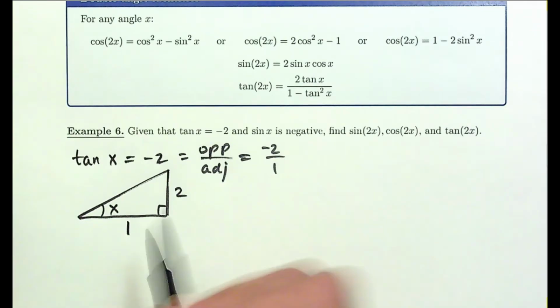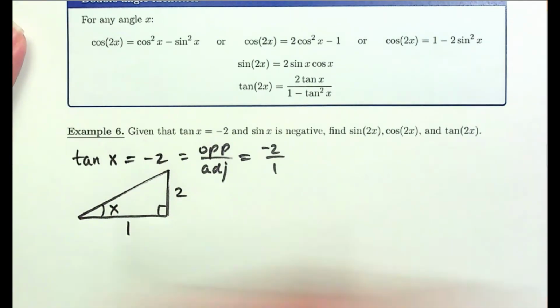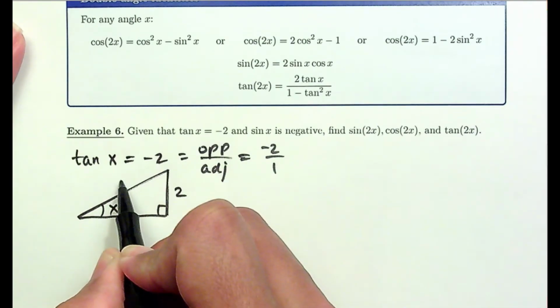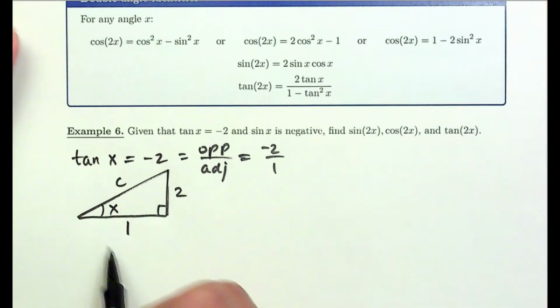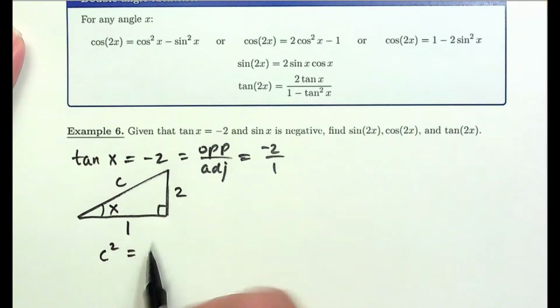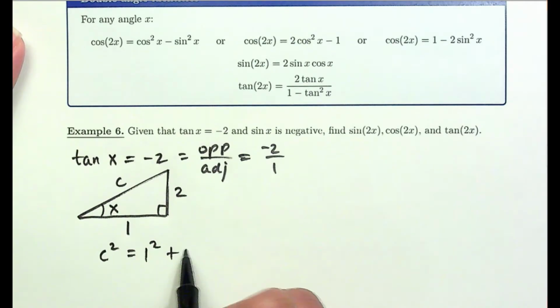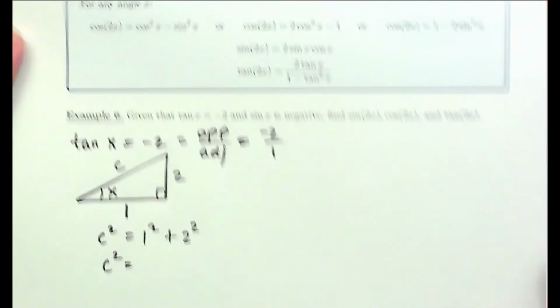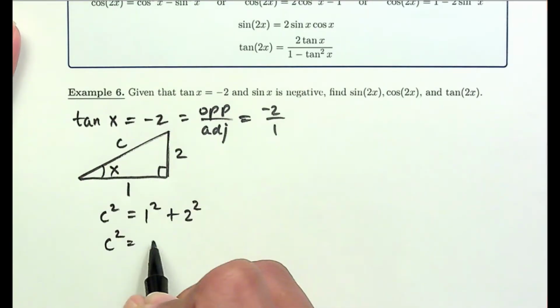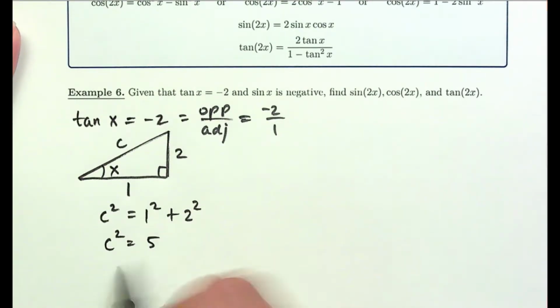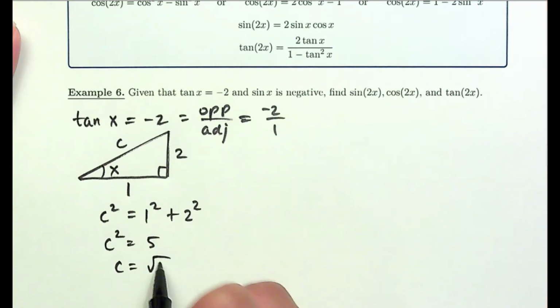Okay, and now we complete this picture, this triangle. So let's call the hypotenuse c. So you use the Pythagorean theorem. You're going to get c squared, hypotenuse squared, equals one leg squared plus the other leg squared. Simplifying, you get c squared equals 1 plus 4, which is 5. So that means c equals square root of 5.